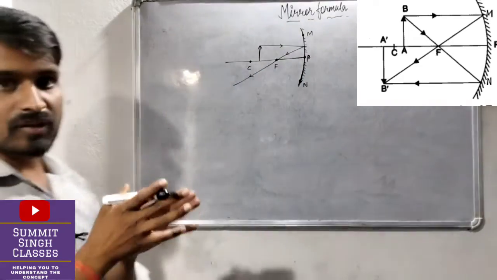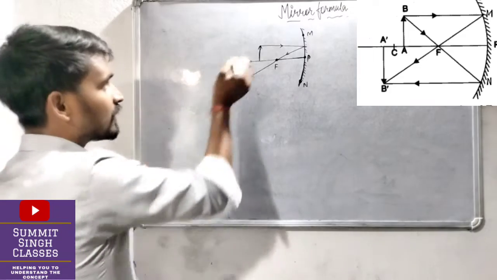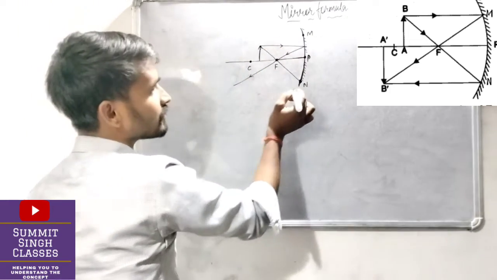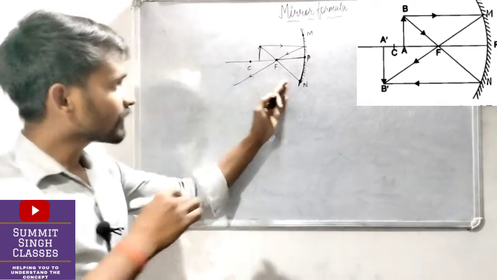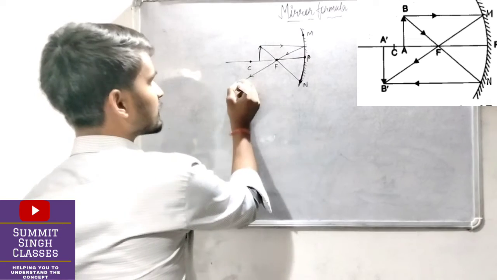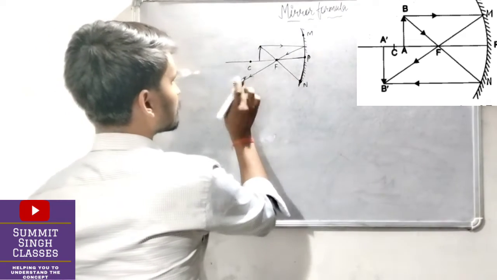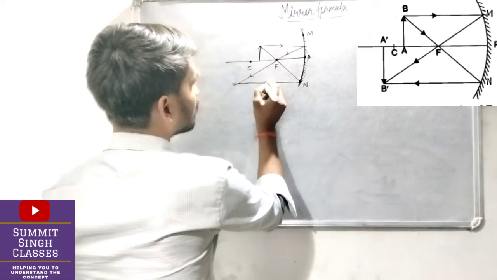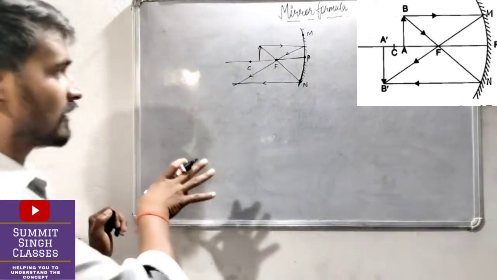The other ray of light goes through the focus of the mirror and falls upon the mirror, and then after reflection it goes back directly parallel to the principal axis.